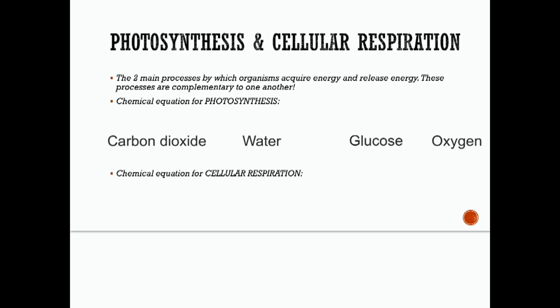So if you look at the chemical equation for photosynthesis, you're going to start off with carbon dioxide, so you've got 6 CO2. And you're also going to use water, so you've got 6 H2O. So that is going to yield, with the help from the sun, so you're going to need this energy from the sun, it's going to yield or make or produce glucose.